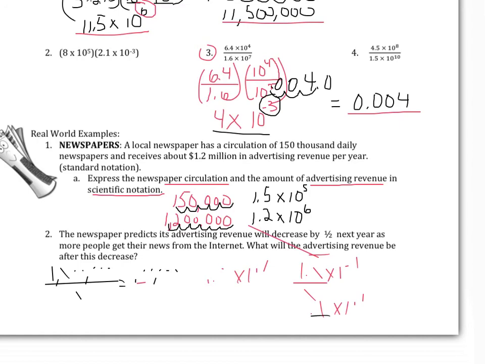But if we moved it to the right where it's supposed to be, then we'd be left with 6.0. But since we moved the decimal point from the left to the right, we're going to have to subtract one power of our exponent, and be left with 6.0 times 10 to the 5th, which is the same answer as we got when we did it the first way.